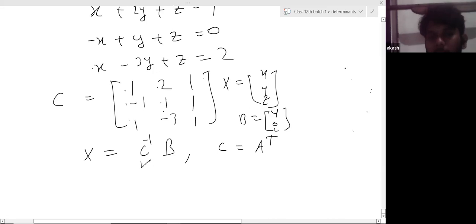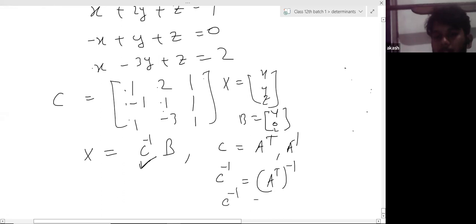So I have to use C inverse here, but I know A inverse already. So remember this property. If I take inverse both sides, then I can write C inverse equals this. I just told you in today's class. This is equal to A inverse transpose.